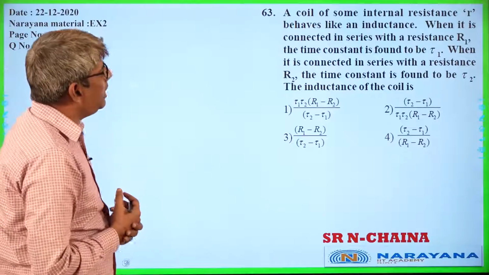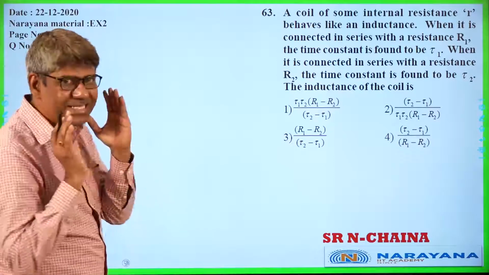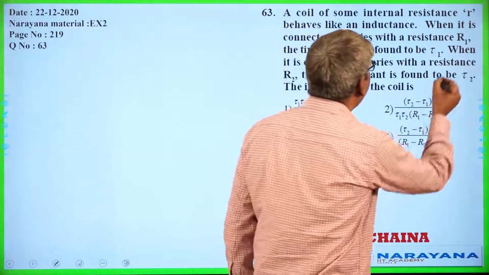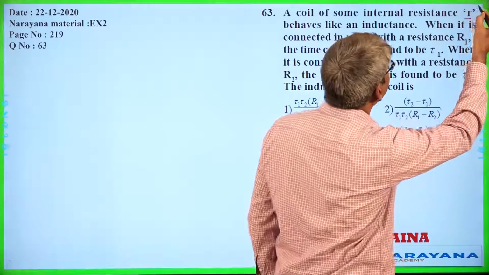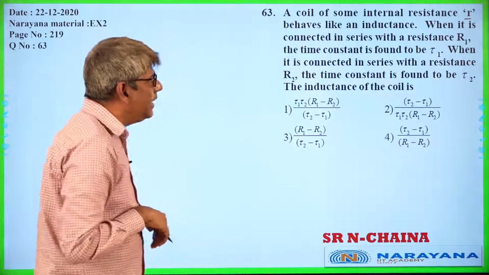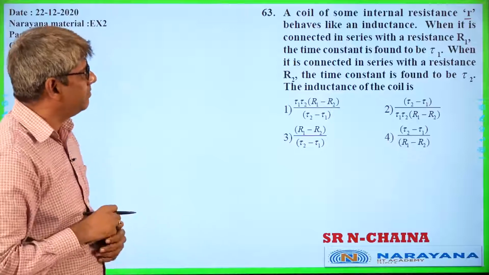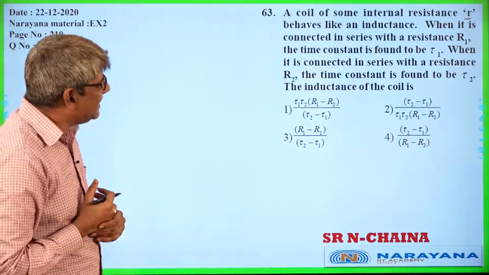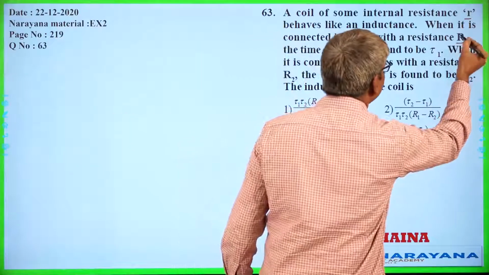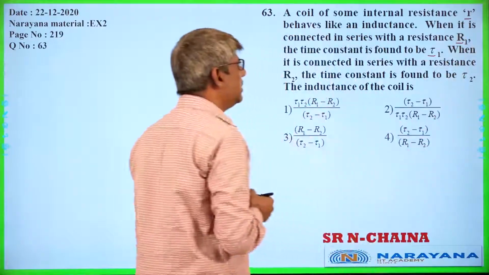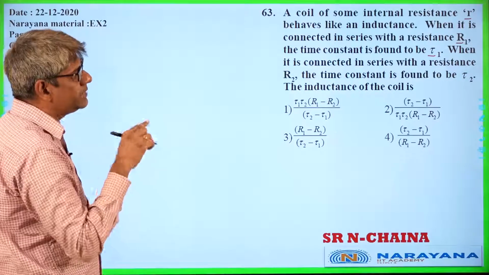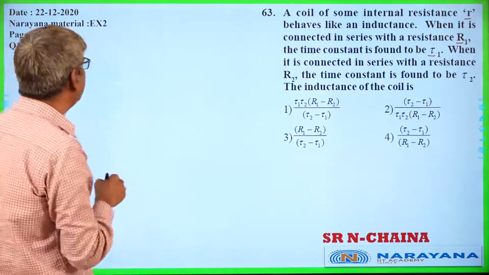So a coil has some internal resistance, given as small r, and behaves like an inductance. Let the inductance be L. Suppose when it is connected in series with a resistor R1, the time constant is, this is the first case. So in the first case, when small r is connected in series to R1, the time constant is tau 1.